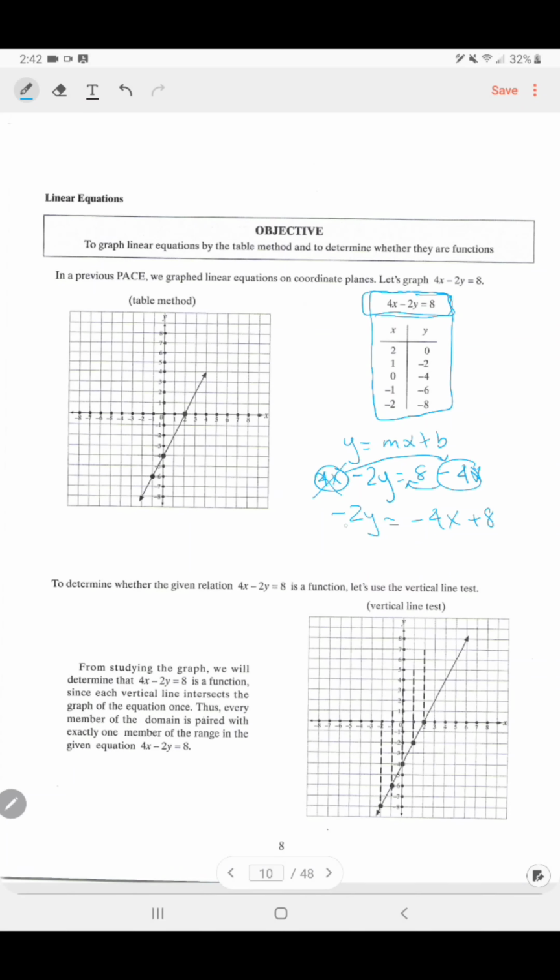How do you get rid of the negative 2? You divide by negative 2, divide by negative 2. So y equals positive 2x because negative 4 divided by negative 2 is positive. And then positive 8 divided by negative 2 is negative 4.